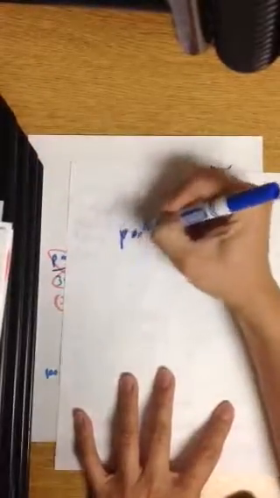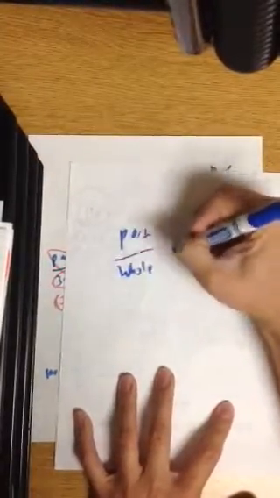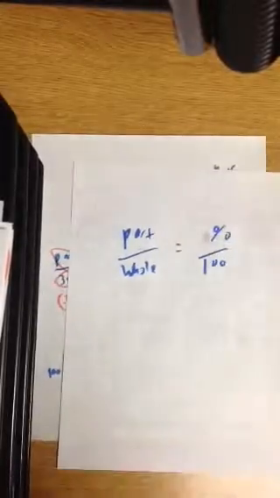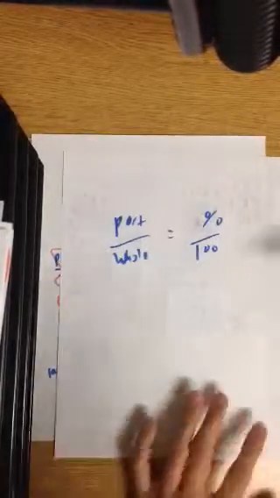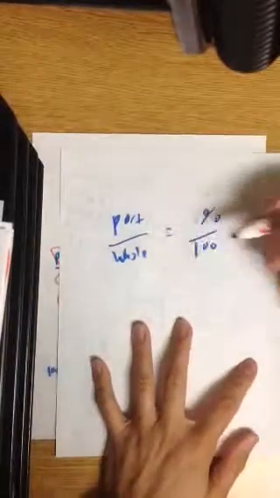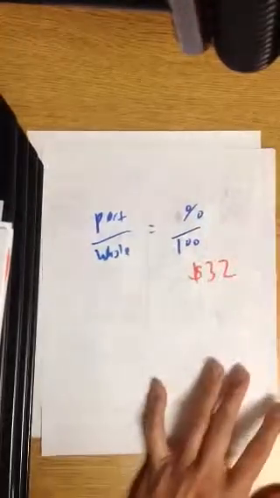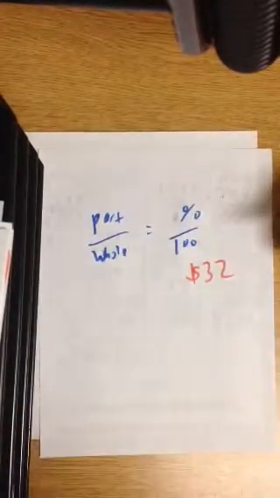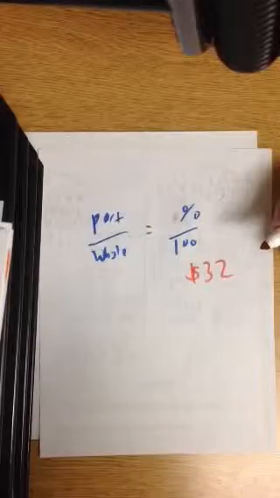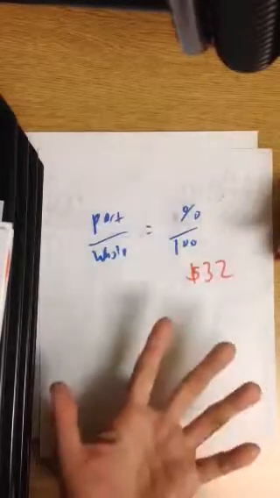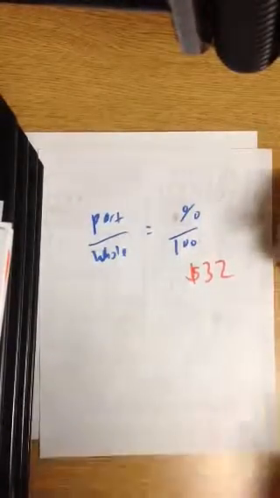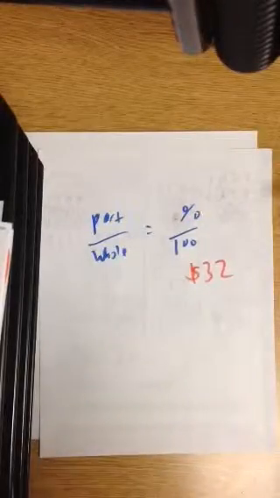Let's try one last example for percent of number. You have part over whole equals percent over 100. Imagine you go to a restaurant and you spent, let's say, $32. Should I leave 15% or 20%? 15% is for average service, 20% is for pretty good service.